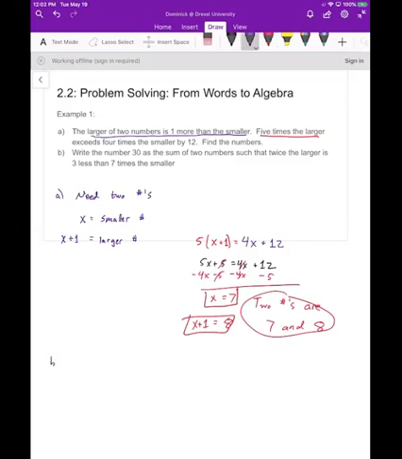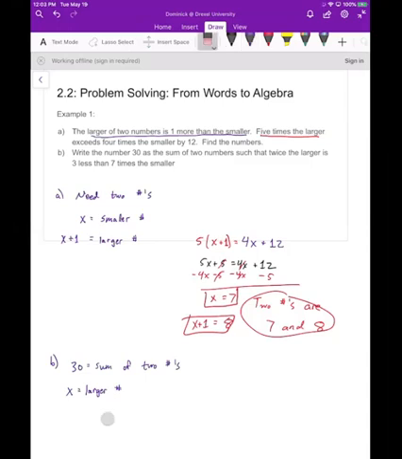All right, part B is similar. We want to write the number 30 as a sum of two numbers. All right, so 30 is the sum of two numbers. And here we also know that twice the larger number, so if I say X is the larger number, just to make it different in this case, if I take 2 times the larger number, I'm going to get that the smaller number is, let's see, do I need another variable here?